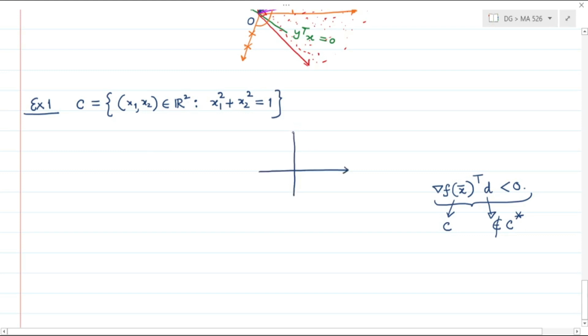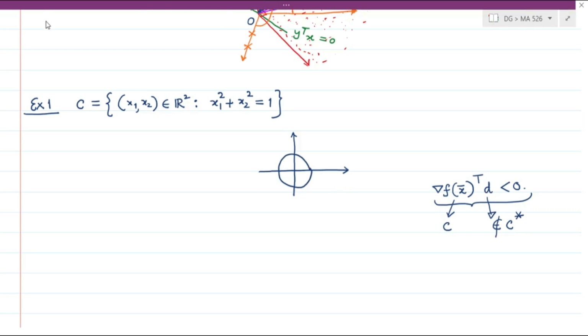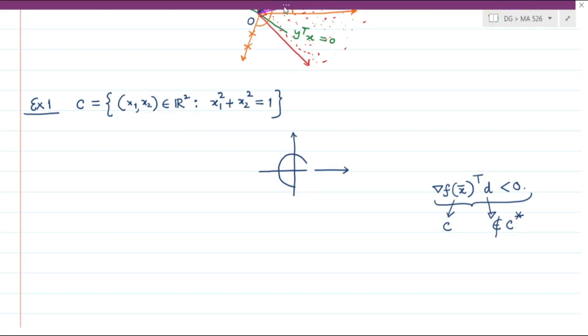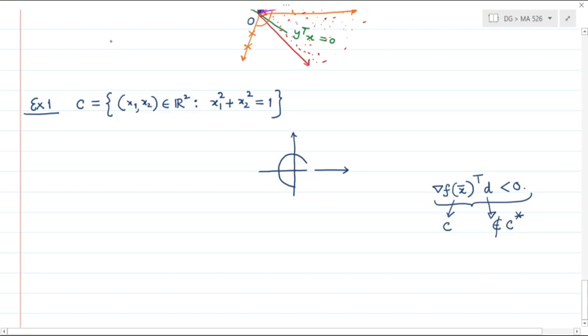Here we note that the points on the set C are the points on the periphery of this unit circle, right? Now can you attempt on your own to find what the possible directions in the dual cone for this set C are? It will be very interesting to find the dual cone for this set.